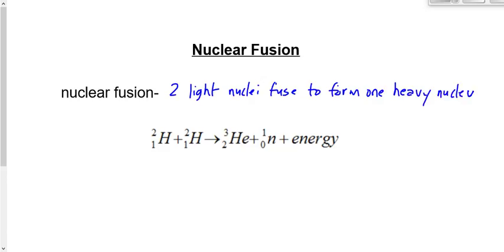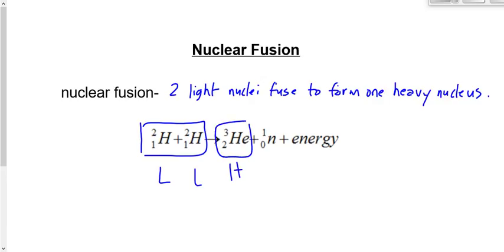So remember, we got one where a heavy splits up into two light. We got another one where two light fuse together to form one heavy. Light plus light equals heavy versus heavy decaying into light plus light. Now you can see there's a neutron produced here as well in order to balance it out. There's also some energy released here.